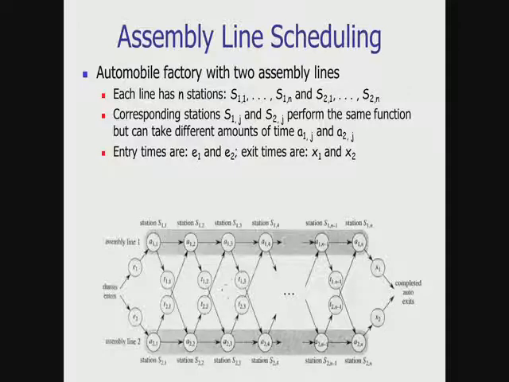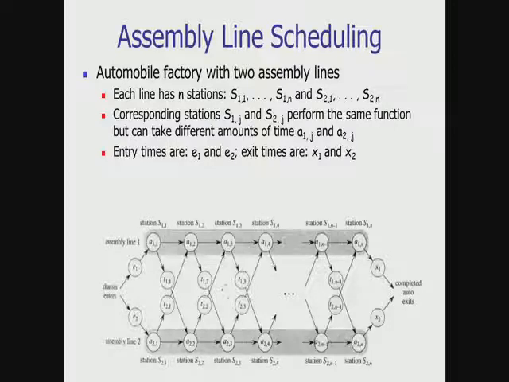There are n stations. Now corresponding to the stations, each of the stations has a certain processing time. In particular, for the station S1j, that is the jth station on line 1, the processing time is A1j units of time, and similarly at the station S2j the processing time is A2j units of time.